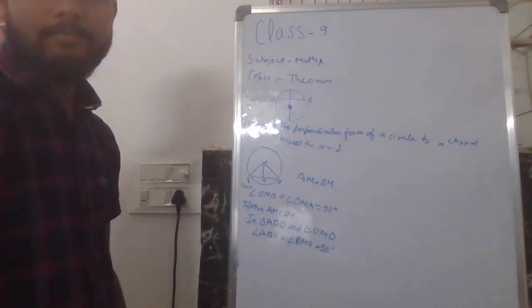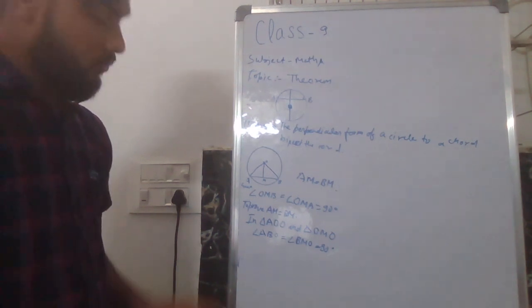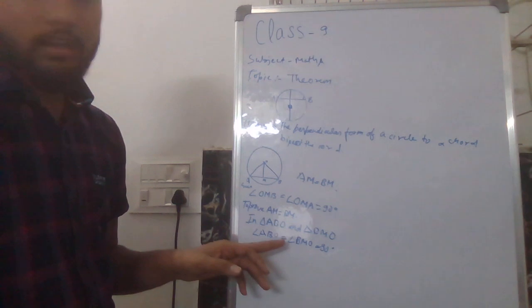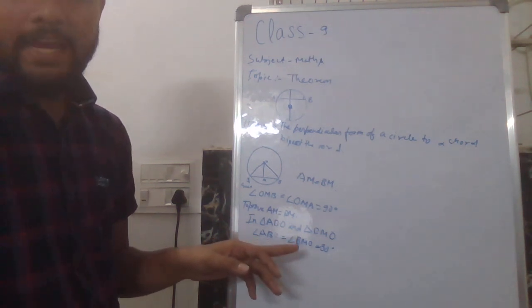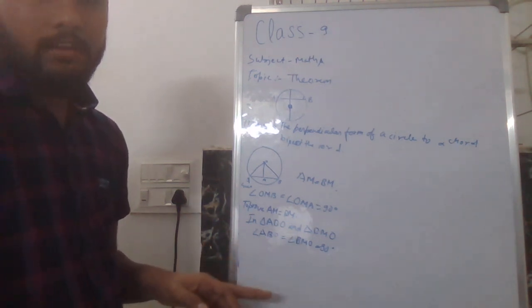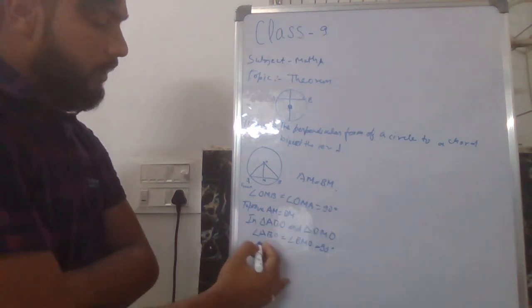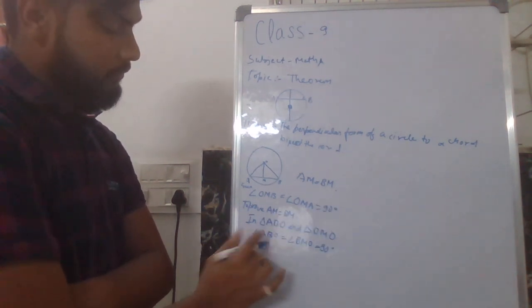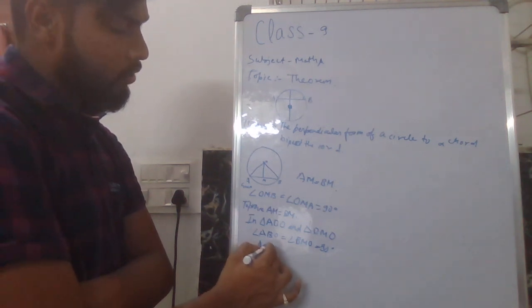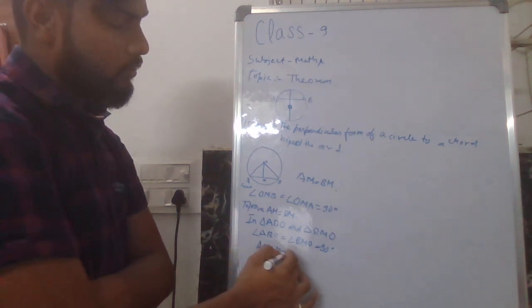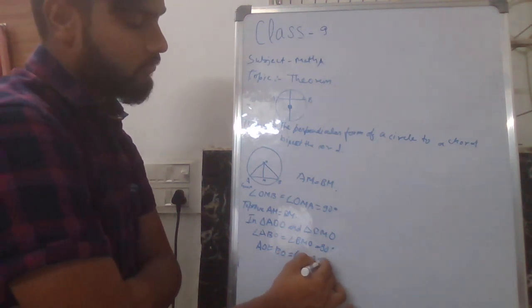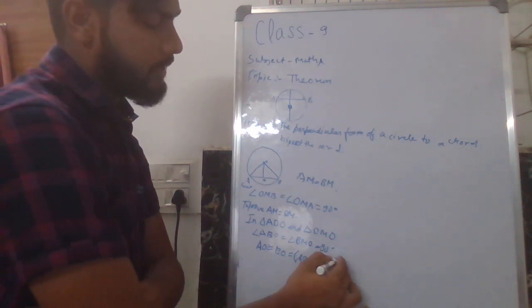Here we can see that AO and BO are equal because they are the same radii. OM is common. So AO is equal to BO, we can see as the same radii.